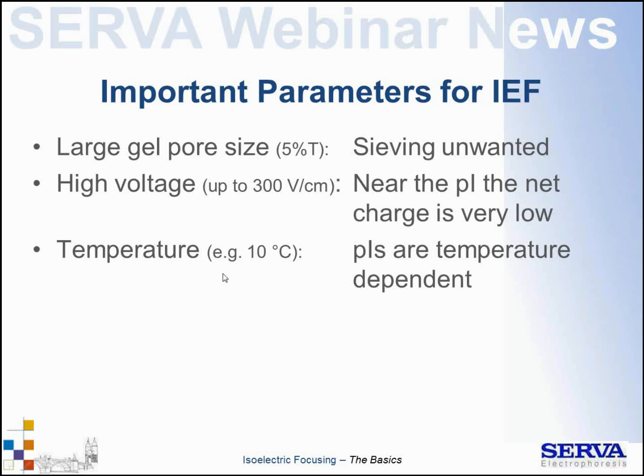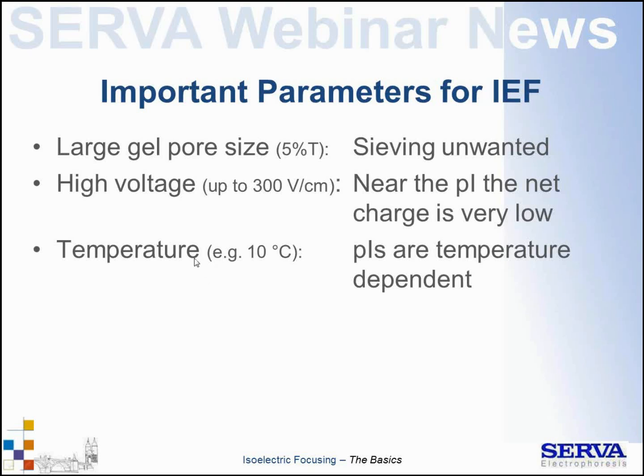Another thing is important to know: the isoelectric points of the carrier ampholytes as well as the sample proteins or peptides are highly dependent on the temperature. And also in these pH gradients some hotspots can develop where the temperature has to be removed.